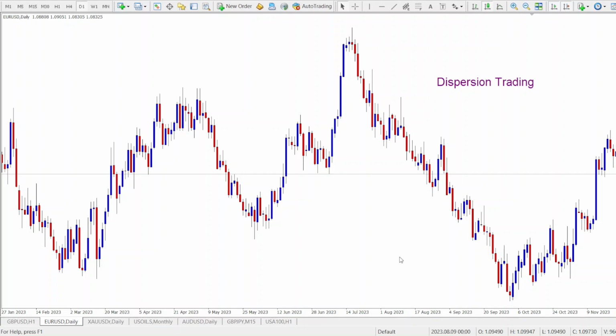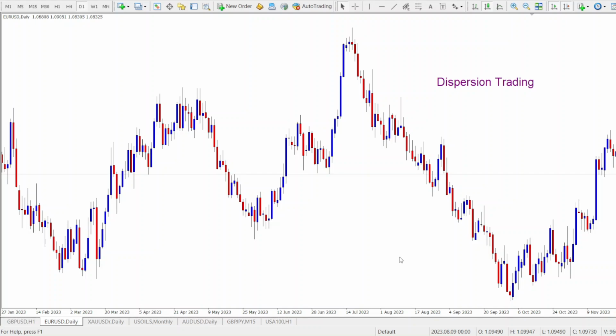So first off, what exactly is dispersion trading? In simple terms, dispersion trading is a strategy that leverages the relative volatility among different currency pairs.